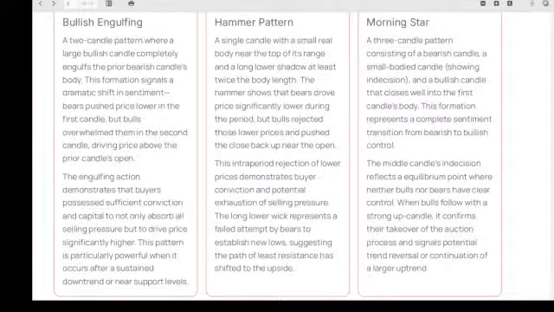Let me see here. So it could be the morning star pattern, where the middle candle's indecision reflects an equilibrium point where neither side has clear control. When bulls follow with a strong up candle, it confirms their takeover of the auction process and signals potential trend reversal or continuation.